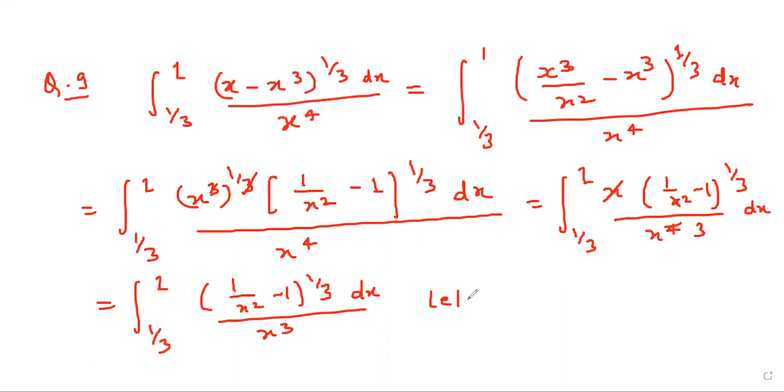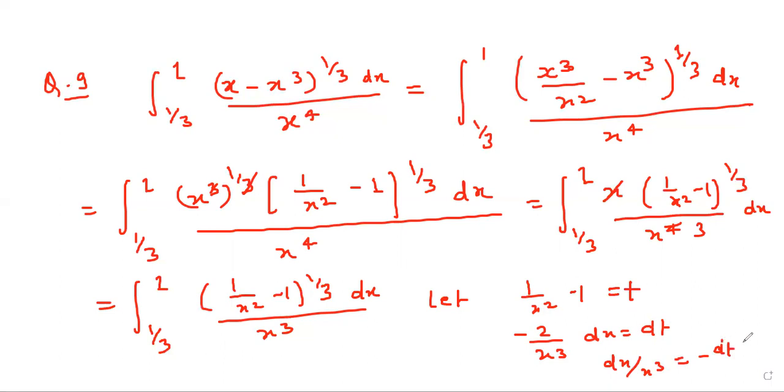Now let 1 upon x square minus 1 equal to t. Then minus 2 upon x cube dx equal to dt. We have dx upon x cube. So dx upon x cube equal to minus dt upon 2.